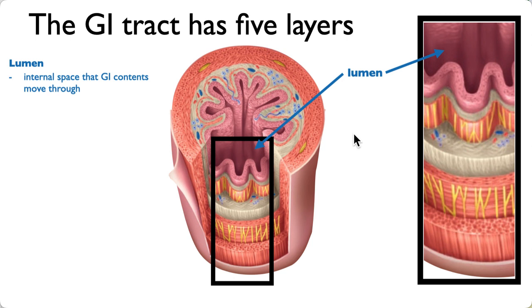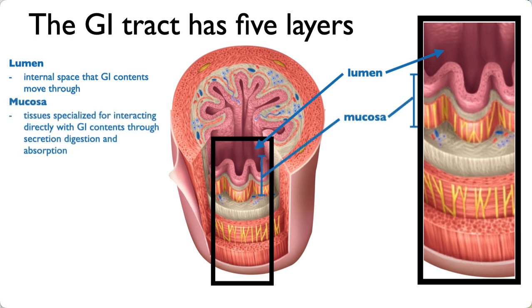The layer of tissue that is closest to the lumen is called the mucosa. It's called the mucosa because it is covered with mucus, which is going to play a very important role in protecting the tissue, but also in lubricating it so that the contents can move through.